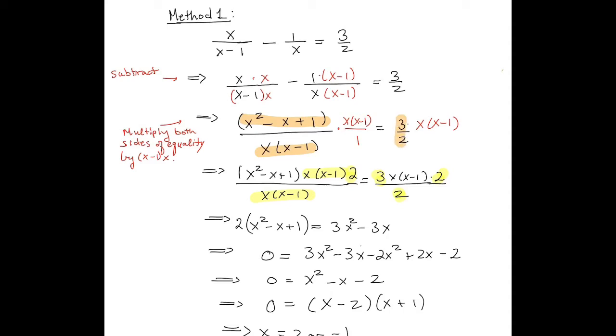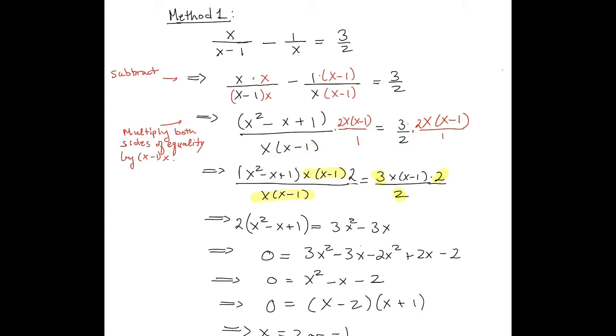Now the next step is to multiply both sides by the common denominator, which is 2x times x minus 1. We multiply the left and the right-hand sides of the equality by that common denominator. That preserves the equality.